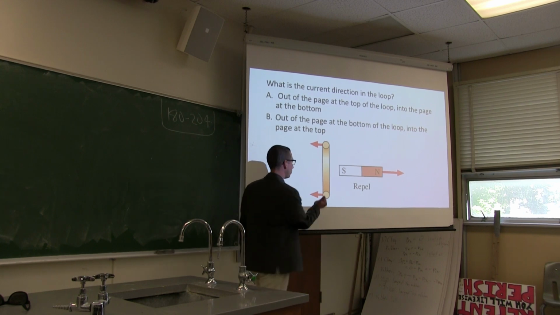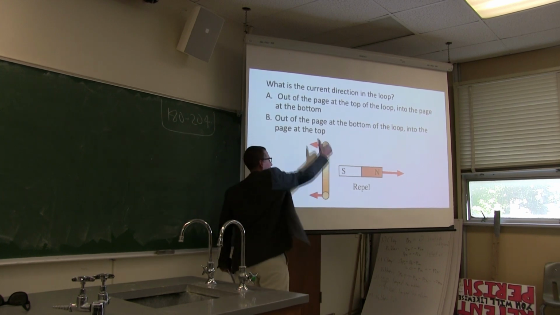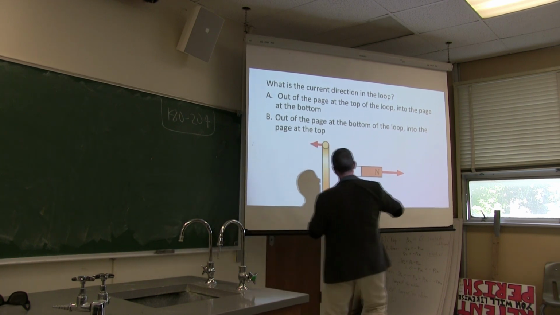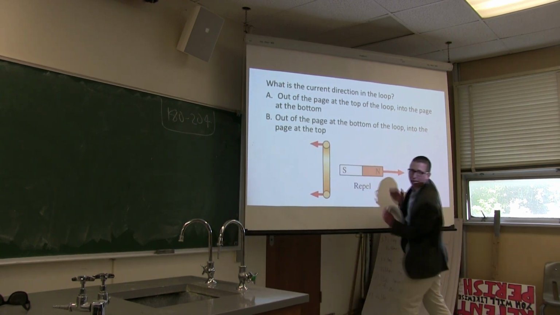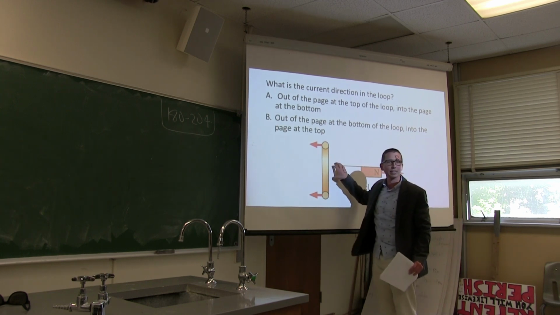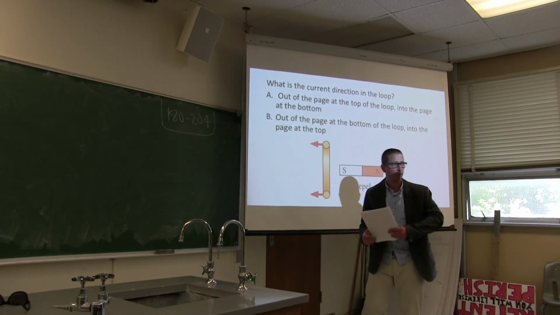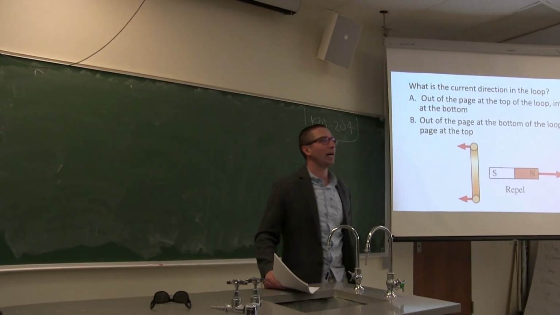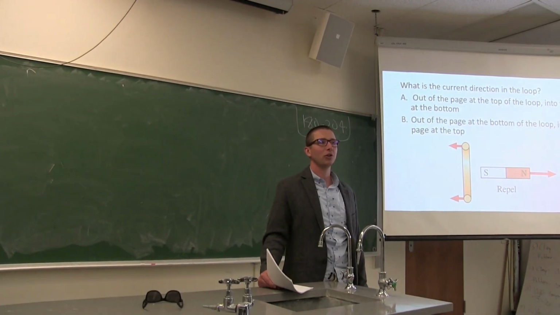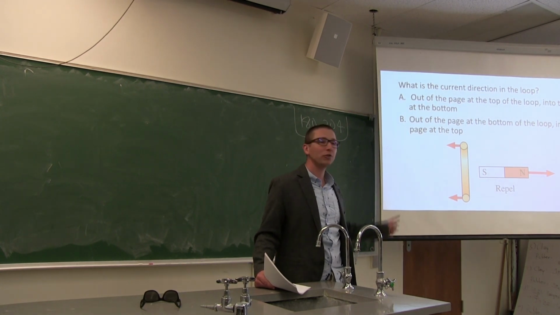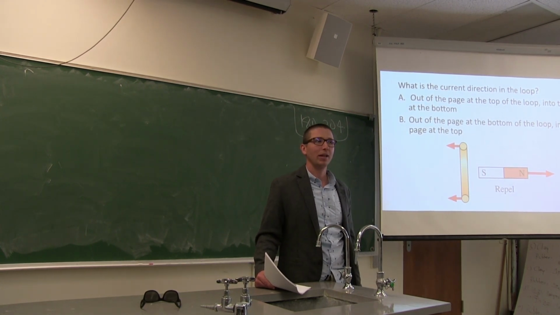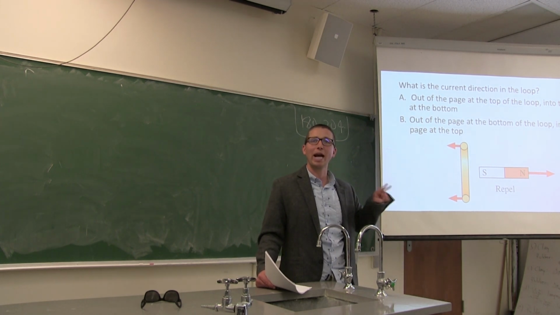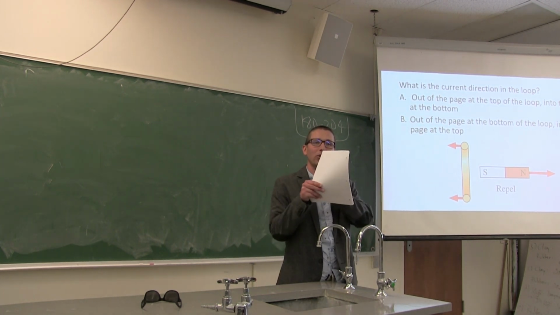The only way for that to happen is if the current goes like this, so that inside the loop, the field lines are converging like this. So this side has to be south, that side has to be north, and then they repel each other. Here we have an example of a permanent magnet repelling an electromagnet, which is just a loop of wire. And a solenoid is just a bunch of loops of wire that are stacked, not on top of each other, but over a length.